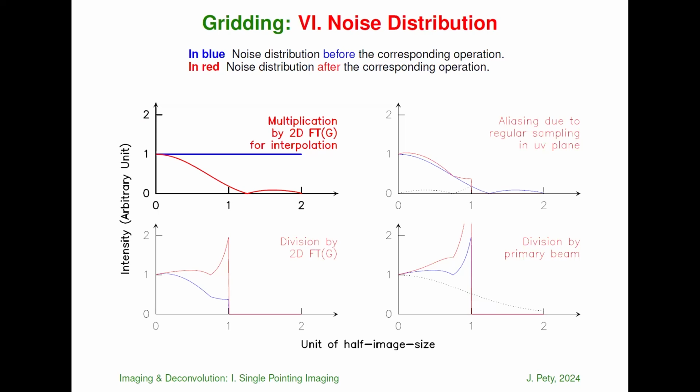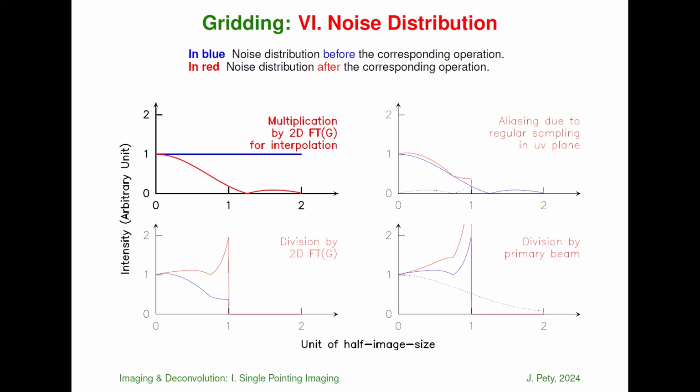The image is centered on 0, so your image is going from -1 to +1. So the RMS of your noise is flat and constant in the image plane, and it has an infinite support.